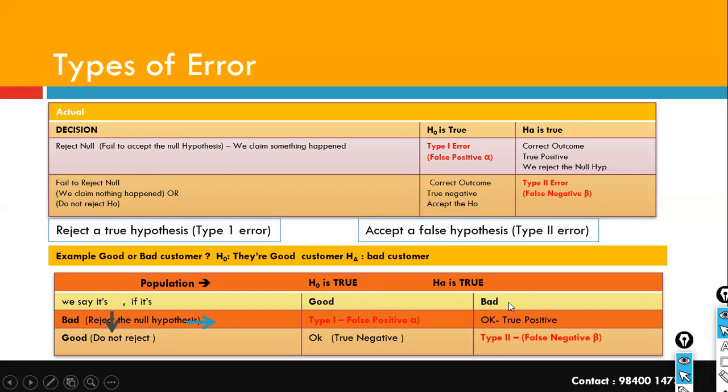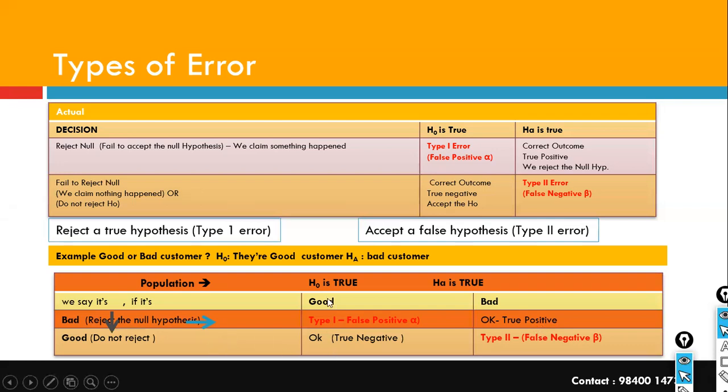And the bad case: actually, a person is bad, and we say it is bad. So it is a true positive. If a person is bad and you conclude they are bad, then it's a true positive.